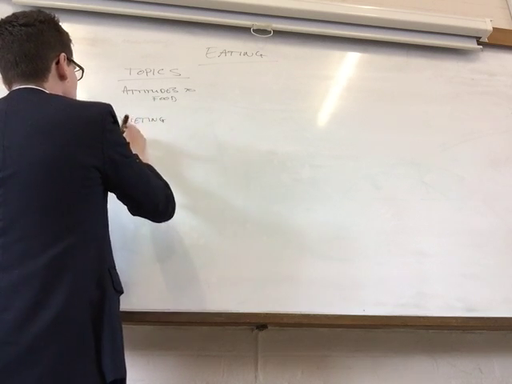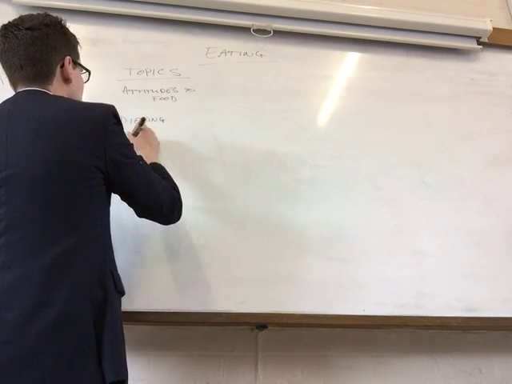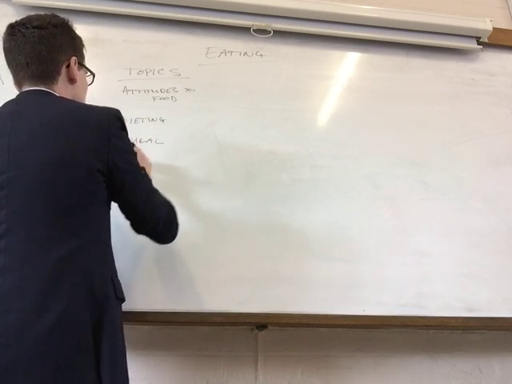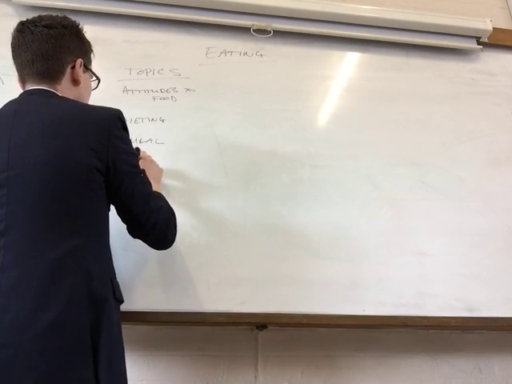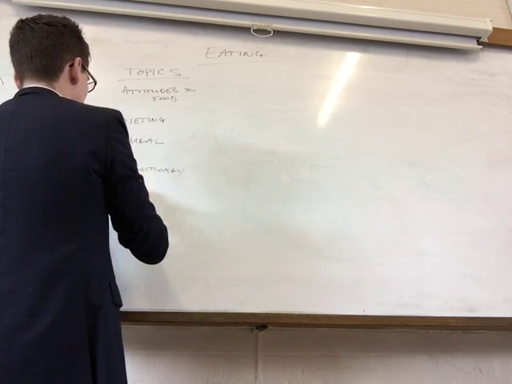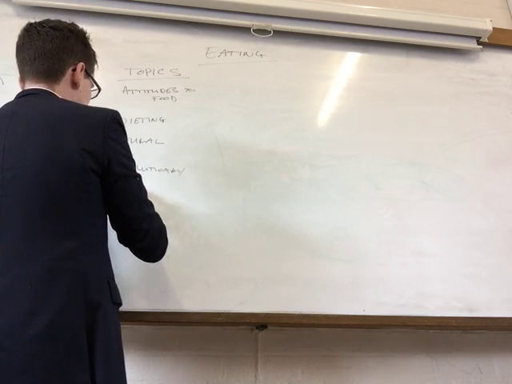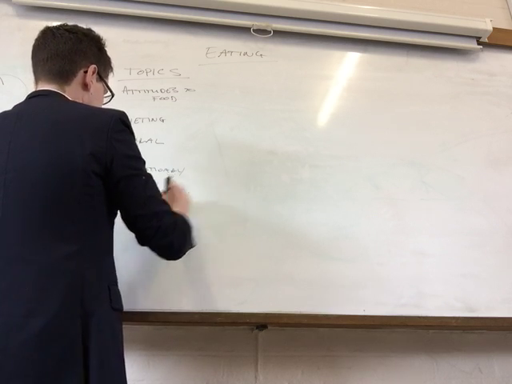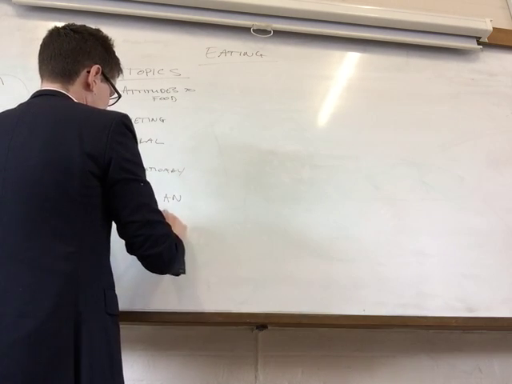Success and failure of dieting. Then it was neural. We didn't look at it in that order, but that's how it is in the spec. Then it was evolutionary. Then it was psychological explanations of anorexia. And then it was biological explanations of anorexia.